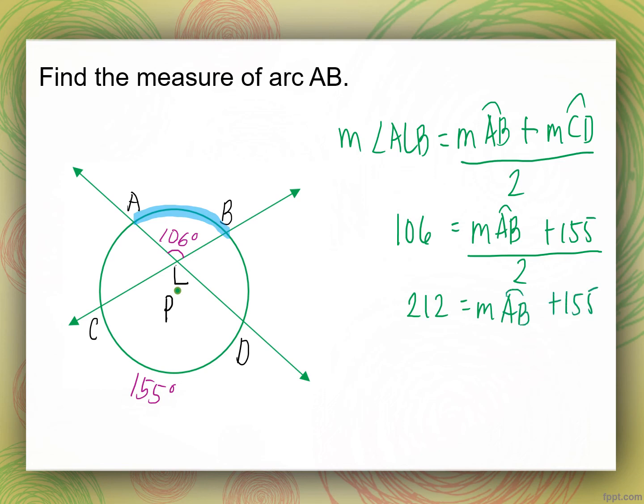So let's just transpose 155 to the other side. 212 minus 155 is 57. So the measure of arc AB is 57. As simple as that.